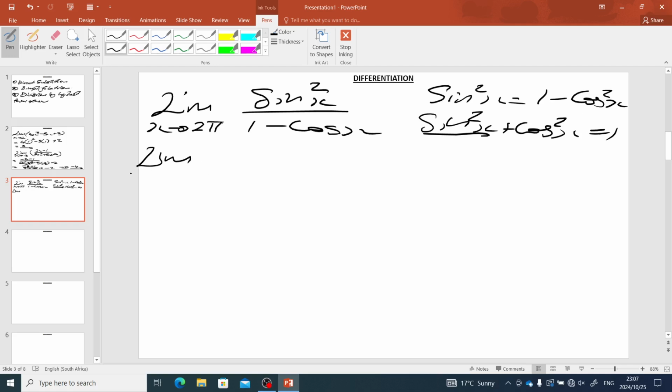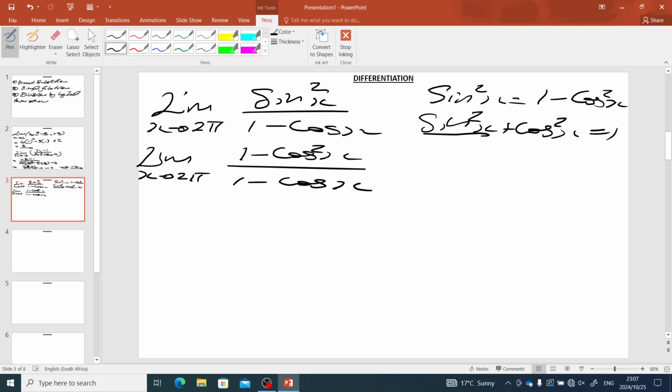Limit as x approaches 2 pi, then we have 1 minus cos squared x divided by 1 minus cos x. The whole idea is to have the same terms on the numerator and the denominator so that one can cancel another.